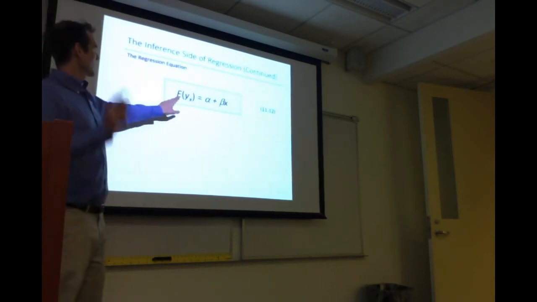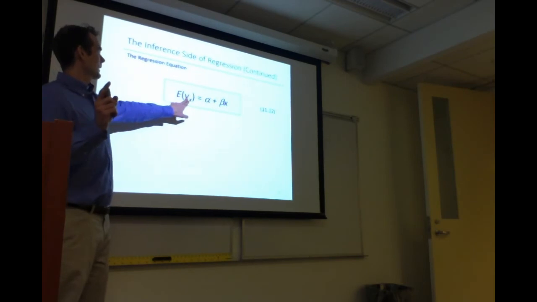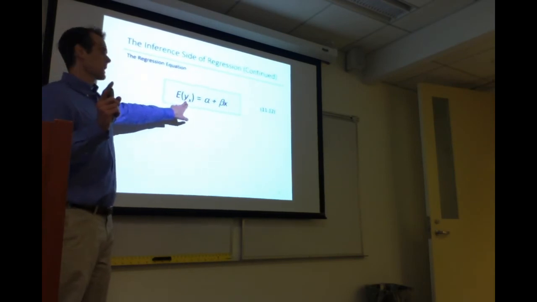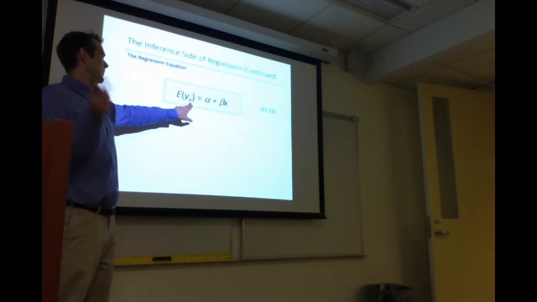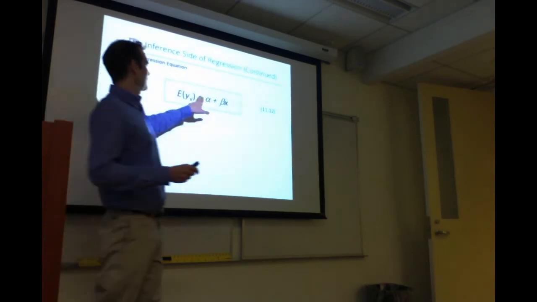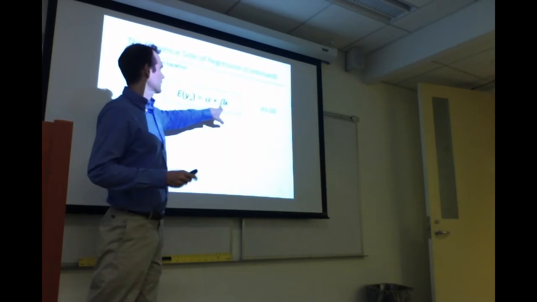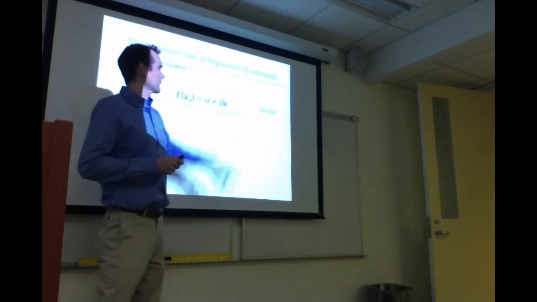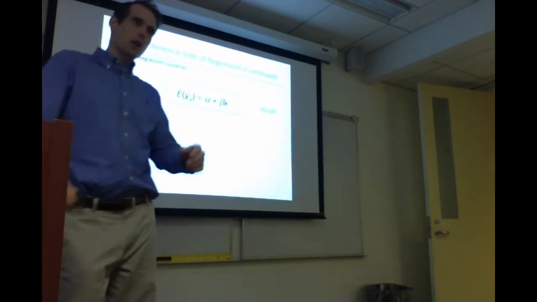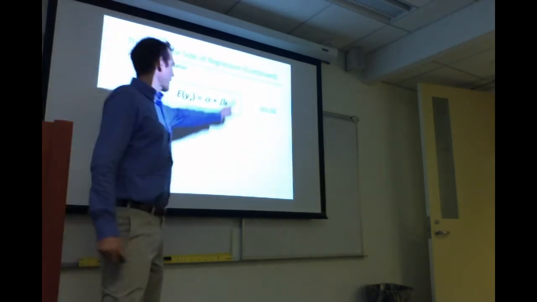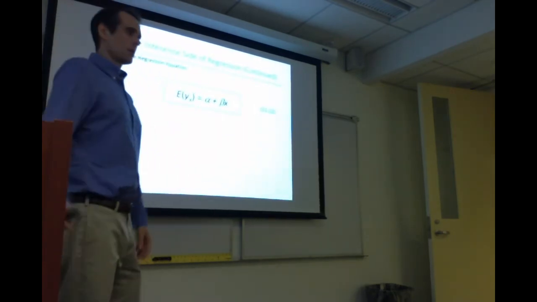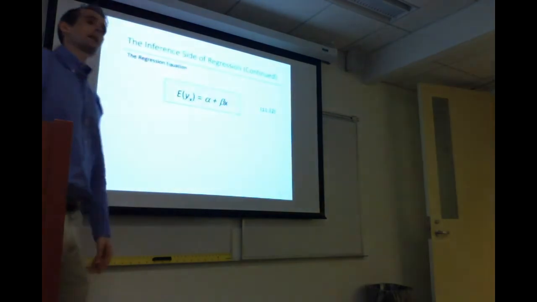So, the expected amount that any individual spends online, given how much time they spend online, is going to equal the population intercept plus the population slope times x, the amount of time they spend online. Now notice we've dropped the error term because now we're just calculating the expected.